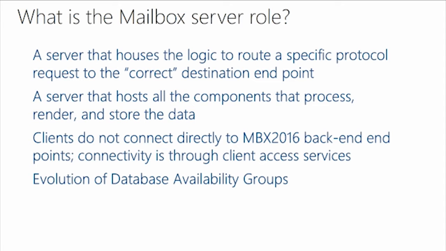That's the communication between the client access layer and the back-end layer, right? And doesn't it use the same protocol? So if the connection is made over HTTPS, then you find the endpoint, and that communication from the client access layer to the back-end layer is done over HTTPS or POP3 or IMAP4. Yes, exactly. So your connection that comes into the Mailbox server on the client access services side is exactly the same protocol that goes to the Mailbox database.